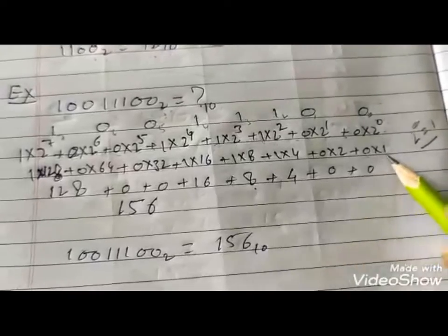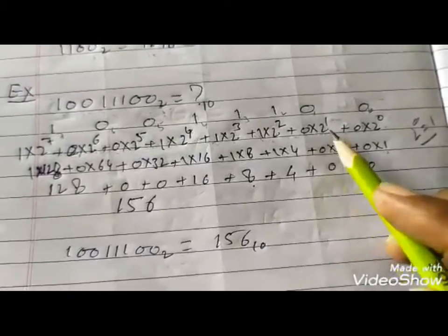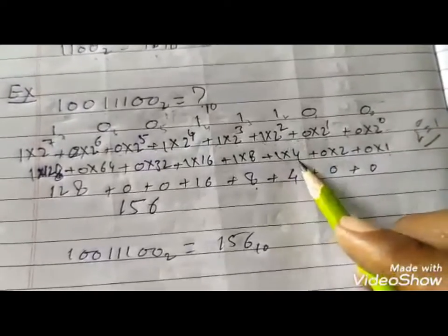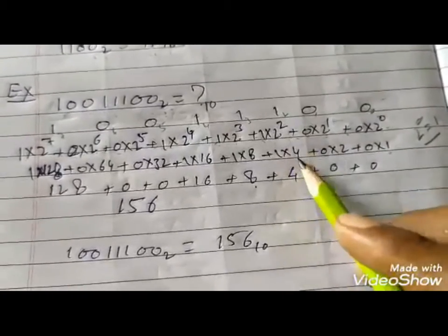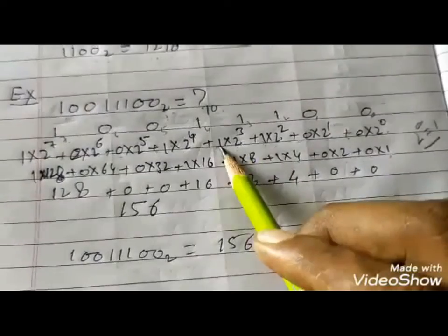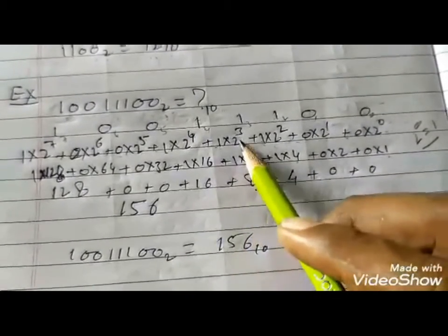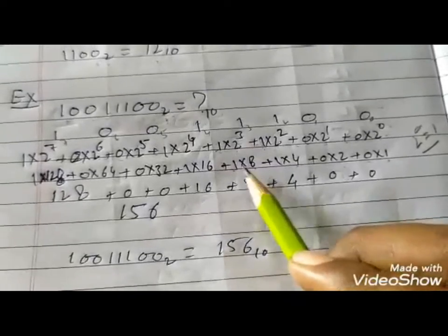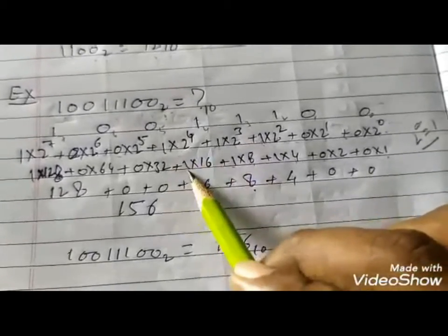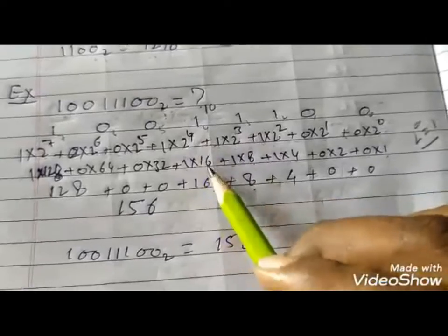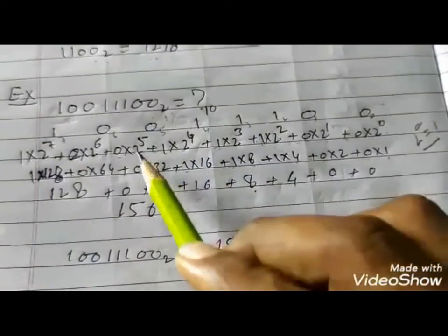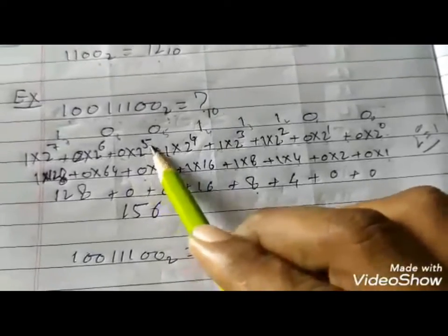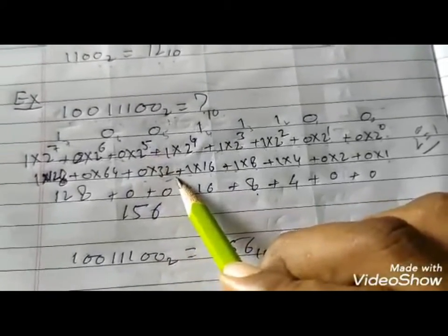So 0 multiplied by 1 plus 0 multiplied by 2 plus 0 multiplied by 4. 2 squared is 4, plus 2 the power 3 is 8. So 1 multiplied by 8 plus 1 multiplied by 16, 2 the power 4 is 16, plus 0 multiplied by 32, 2 the power 5 is 32.